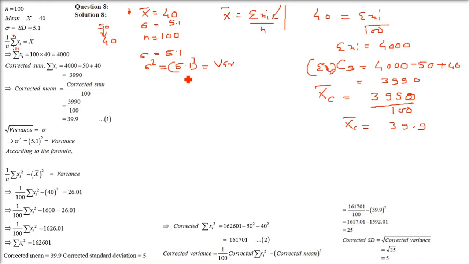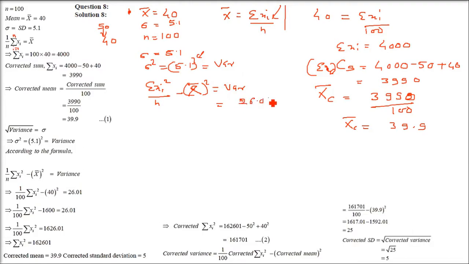Now the variance formula, which in the whole exercise I told you we are going to use, is sigma xi whole square by n minus x bar whole square equals variance. This is the formula we have been using time and again. So 5.1 whole square is 26.01, which is the variance.